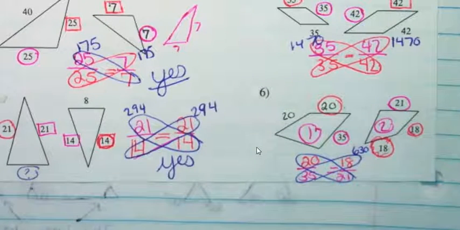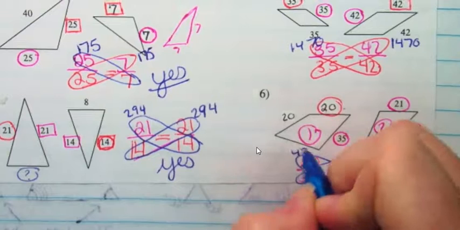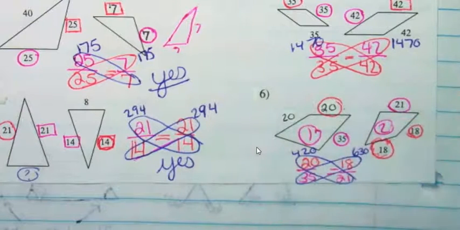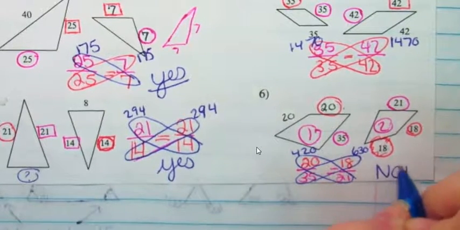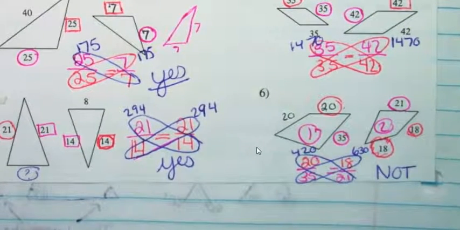And then my 21 times 20. Ooh, I got completely different numbers. I ended up with 420 and 630. So are these shapes similar? They are not. They are not similar shapes. So at this point, I think you're ready to go ahead and get the practice sheet out of the folders. So you are ready to go.